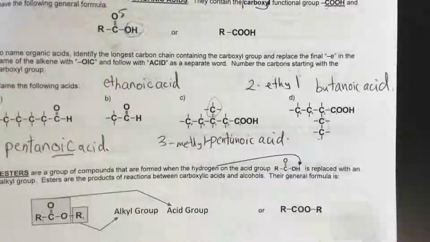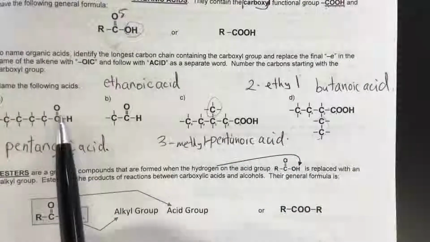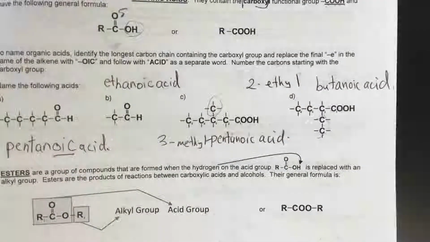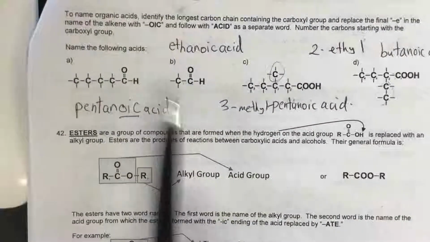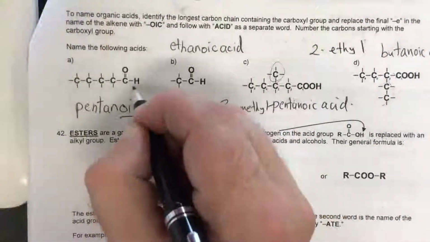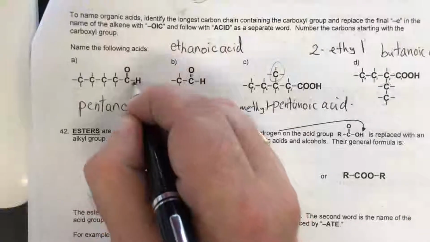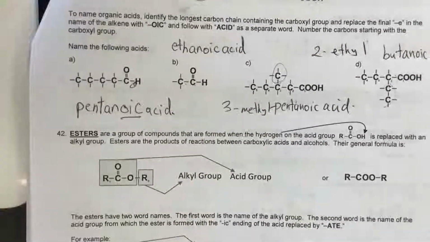The nice thing is that your carboxyl group is always at the end. Now, look what I noticed here. There's a little mistake with this one, right? This one needs to have a double bonded oxygen with it there.